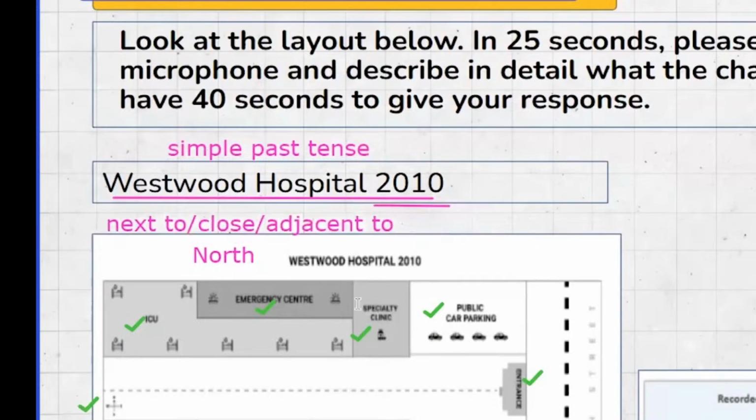So now, what about the specialty clinic and the public car parking area? What can I say about that? I can also use the compass directions, like these seem to be in the east side of the hospital, right? To the east of the hospital. So I can mention that the specialty clinic and the public car parking area are in the east of the layout, to the east of the layout.